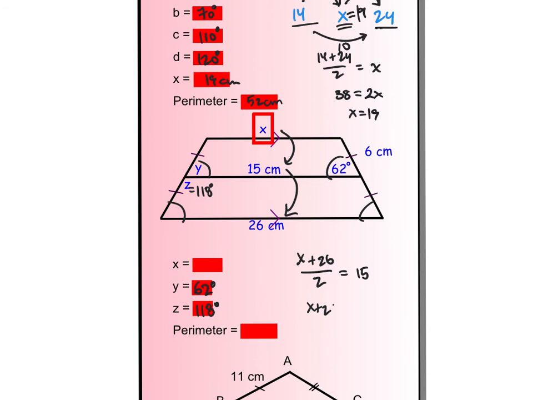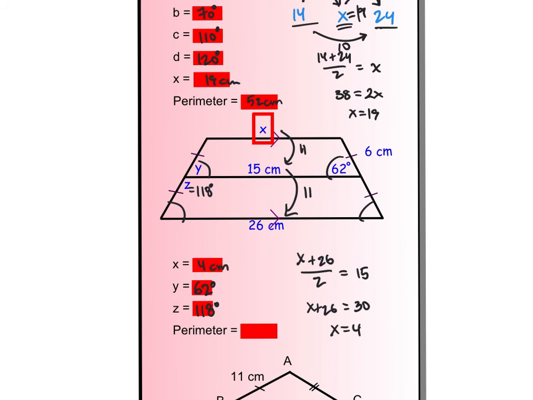X plus 26 then would equal 30, therefore X would equal 4. Now you could solve it using that midpoint formula, or you could see that I added 11 to go from 15 to 26. Therefore, if I add 11 to X, then I would get 15. Thus, X would have to equal 4.